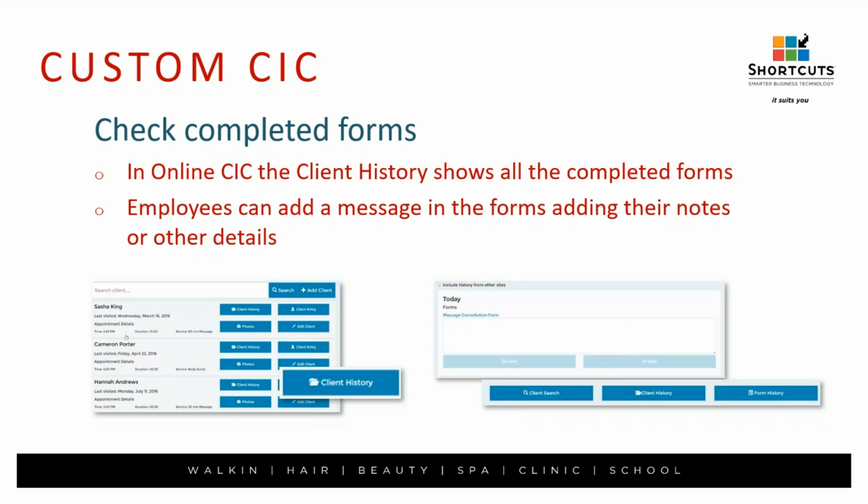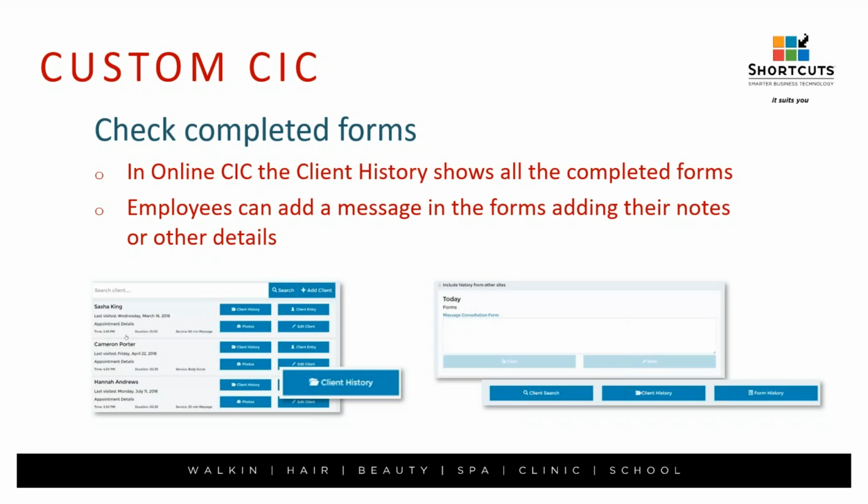So if everything is stored, in this case online, only staff has permission to access certain information, and you can even limit the access that they have during normal business hours. So this way an employee doesn't try to use the online client information card from home or after hours. They can only access it during business hours.